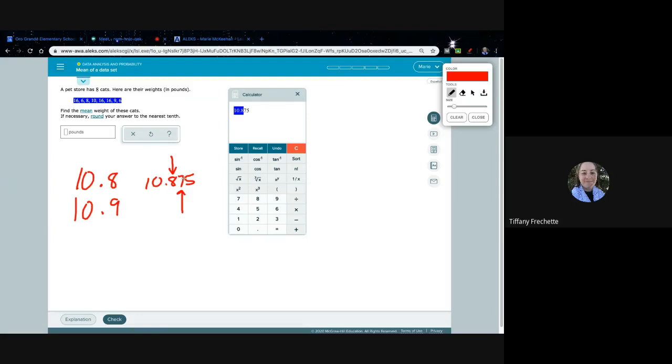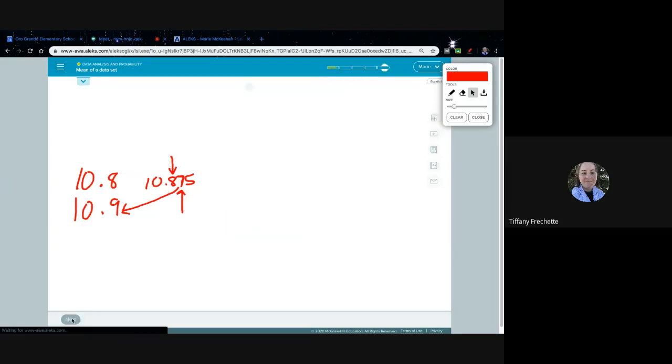So if this number is 5 or bigger, then we are closer to 9. So we round it up. If that number is 4 or smaller, then we would have rounded down or back down to 10.8. So basically, we're just saying that we're closer to what we started with. In this case, we're closer to the next number. So we just have to round it up, and we get 10.9. Check.